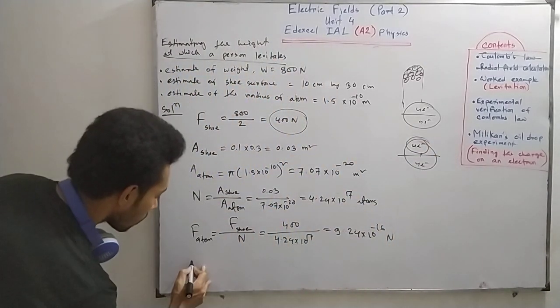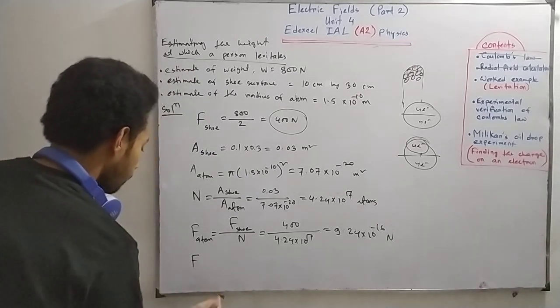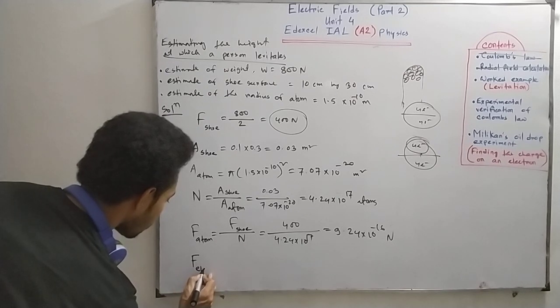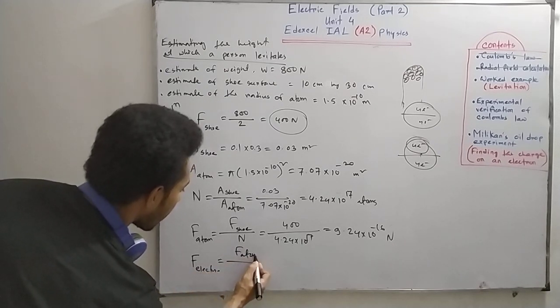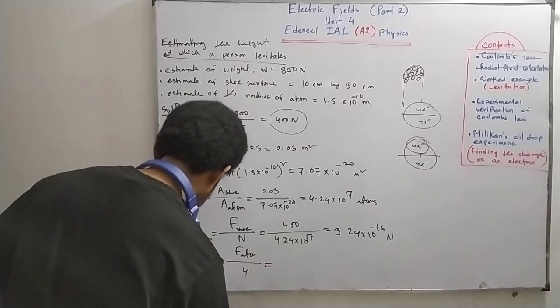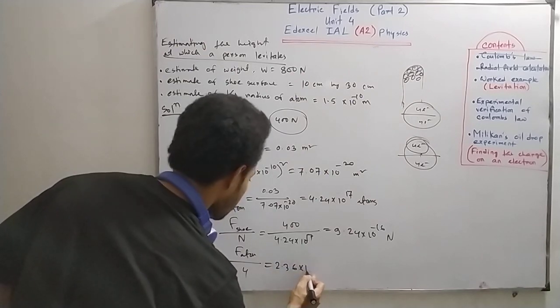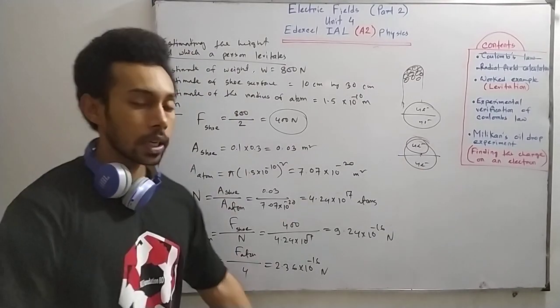Therefore the force supported by each electron will be force of atom divided by 4, and you will have 2.36 into 10 to the power minus 16 Newton, the force supported by one electron.